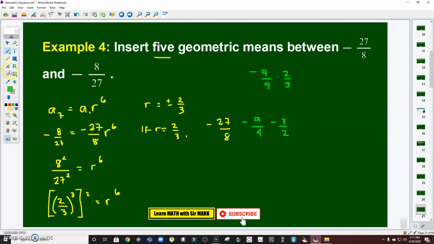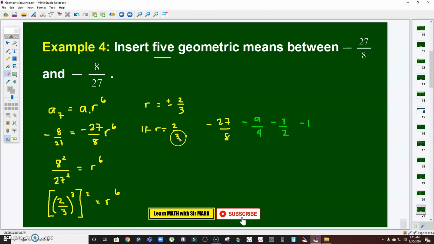Next. So, same. Alright? So, the third term: the negative 3/2, multiply it by the common ratio again, which is 2/3, so clearly, they will cancel each other. So, that will be negative 1.